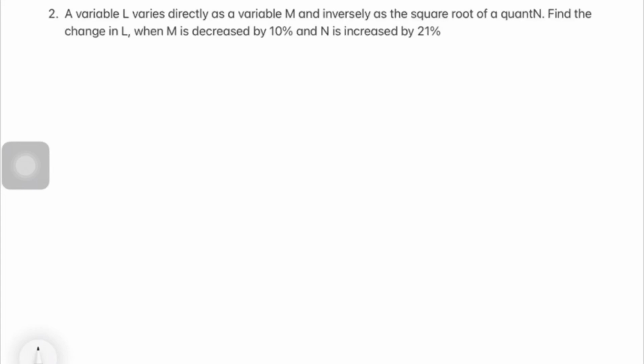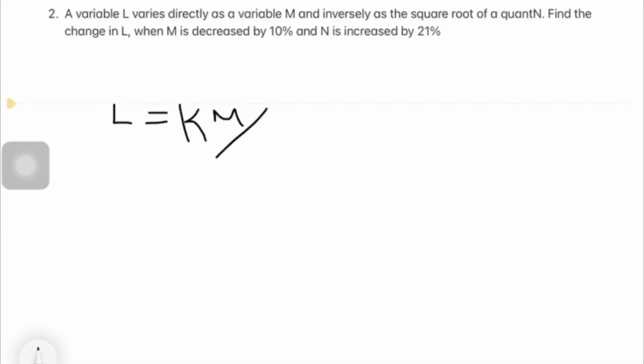So as usual, first, let's write down the equation how it's supposed to appear with the constant of proportionality present within the equation. So this is L is equals to, let's have our constant of proportionality, varies directly as M, and inversely, wherever you see inverse, there will be a fraction there.